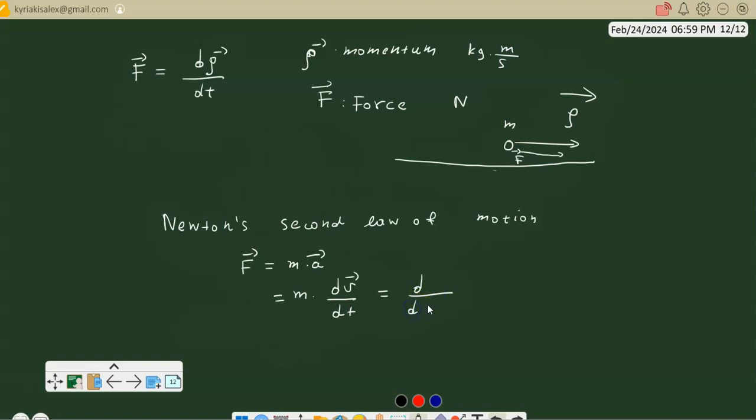By the properties of differential calculus, m is just a constant. Of course, we don't change the mass here. Mass does not change of the object. We can write it as d/dt of m times the velocity.